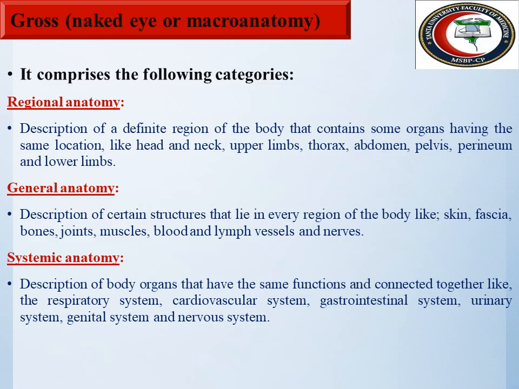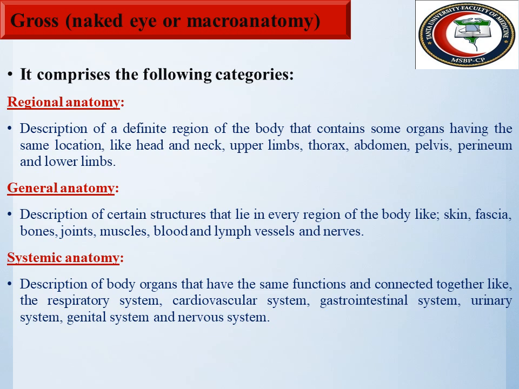Gross or macroanatomy comprises the following categories: regional anatomy, general anatomy, and systemic anatomy. Regional anatomy describes a definite region of the body that contains some organs having the same location. For example, to study the anatomy in the form of head and neck region, upper limb region, thorax, abdomen, and so on.